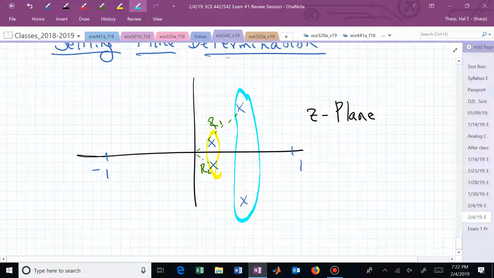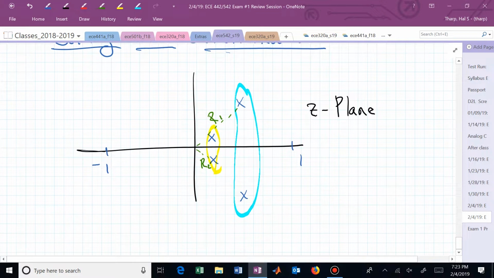Which of these pole pairs will dominate the system response? Yellow or blue? Or which one corresponds to the slowest set of pairs? R1 or R2?